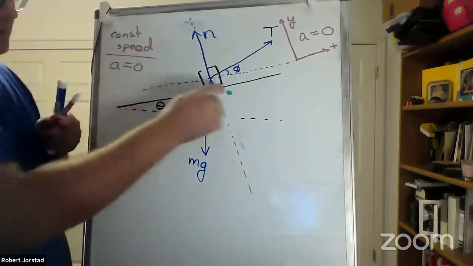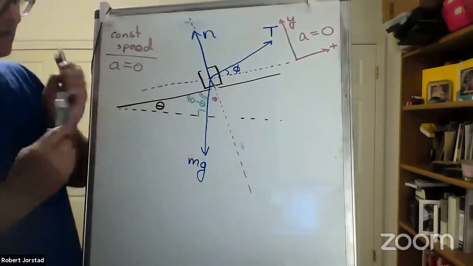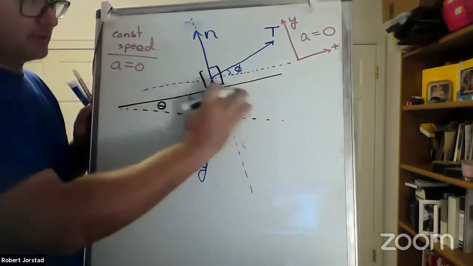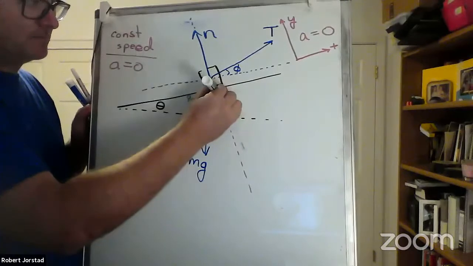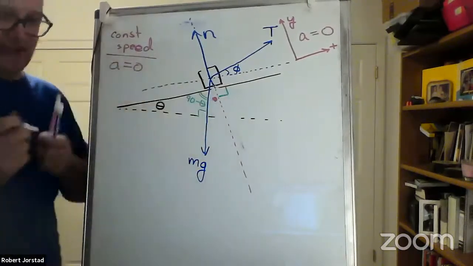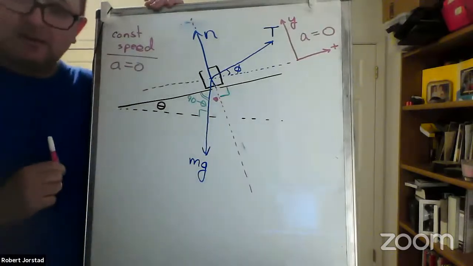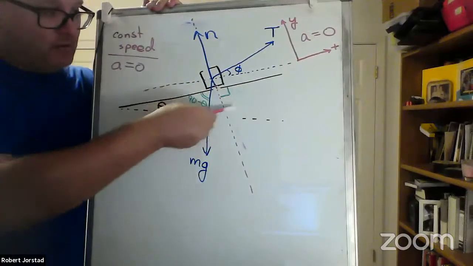All right. So somebody just said this angle's 90. Right? Maybe I'll draw the right angle symbol. So what's the pink dot? What's left for the pink dot? So should that one be 90 minus theta? What's the angle from this line all the way over to that line? 180.